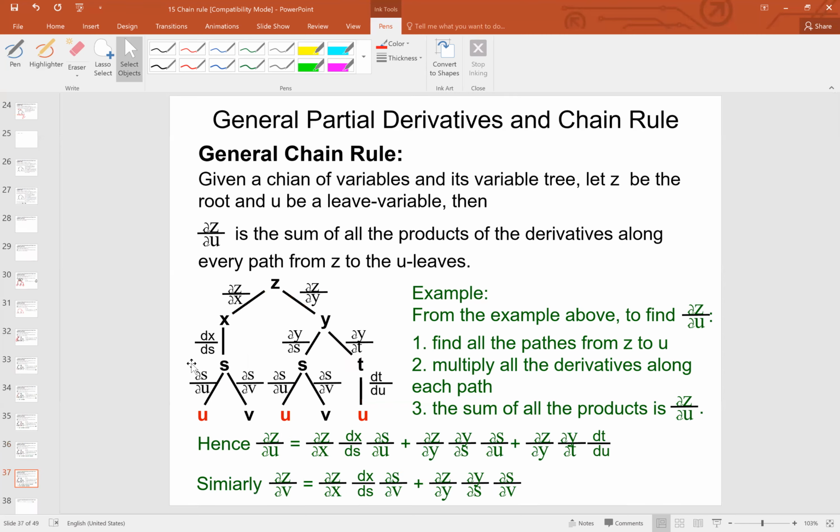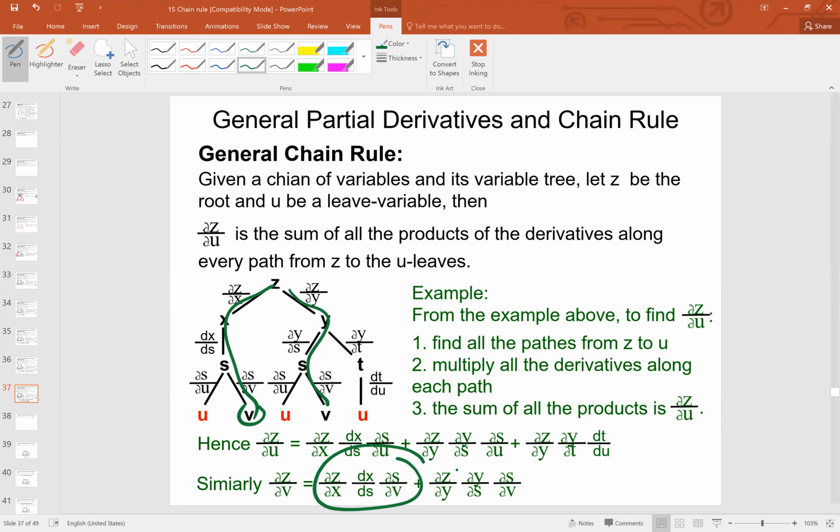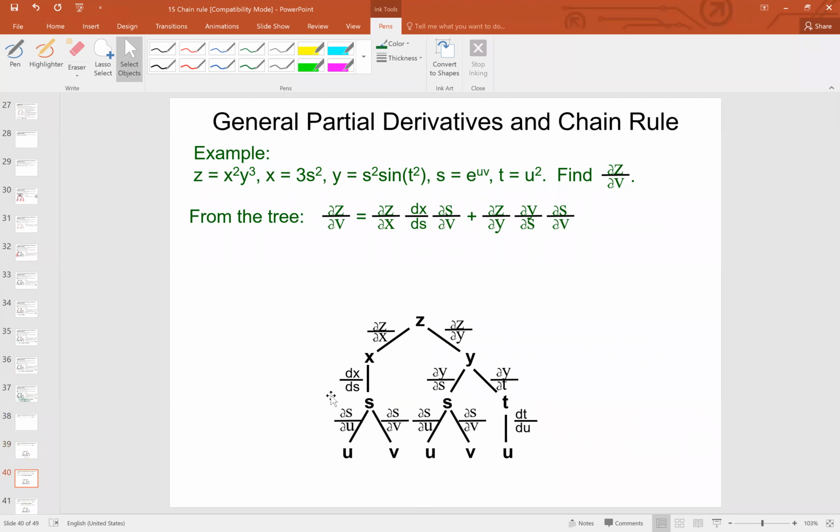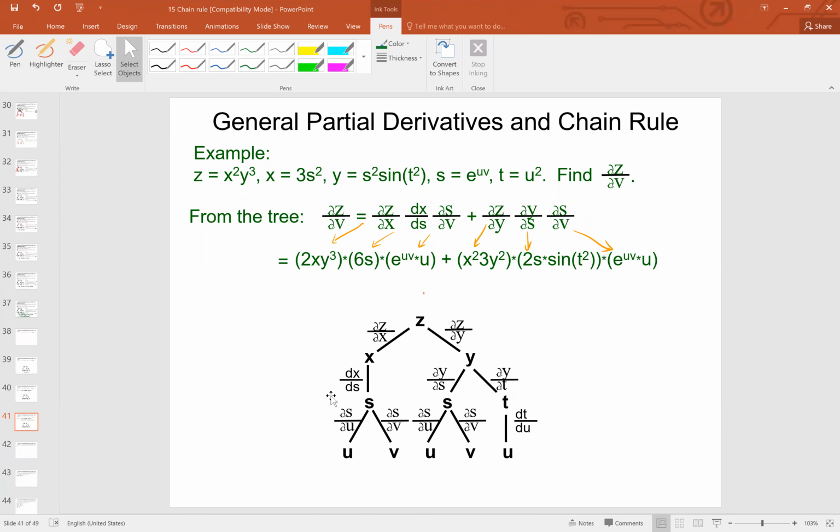Okay, and then we can check partial z, partial v. Going down to the other one, it's going to be this one, and it comes out to be two of these. This is that one, this is that, this is this one. Okay, and here's an example for the end result.